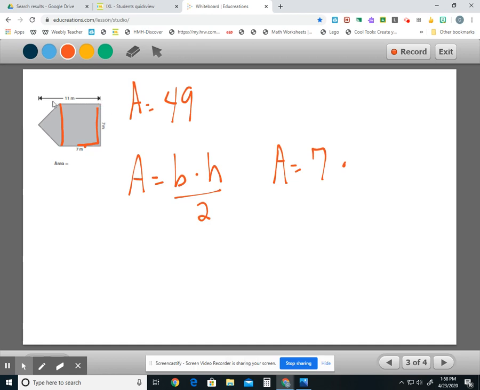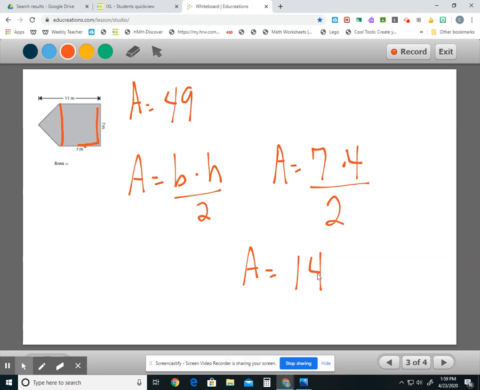Again, if the whole thing is 11 and this side is 7, then I know that my height must be 4, right? Because 7 plus 4 is 11. So my height is 4, and then I'm going to divide this whole thing by 2. Okay, so when I go and do this, our area is equal to 7 times 4 is 28. 28 divided by 2, I get 14.